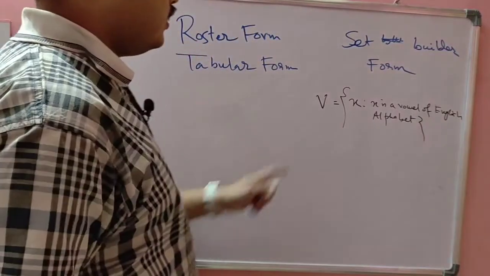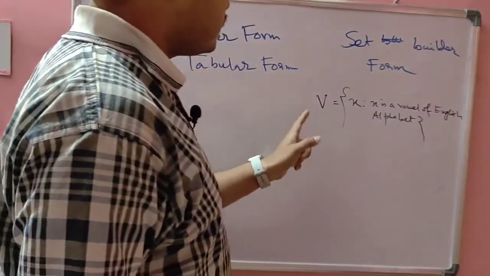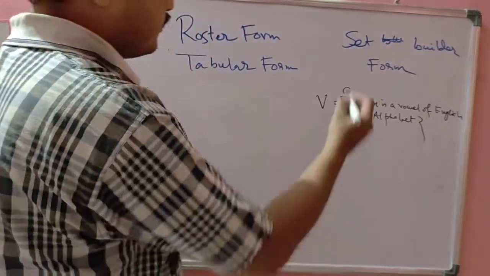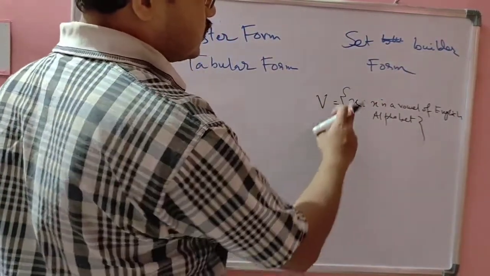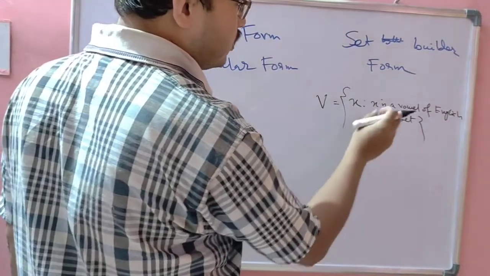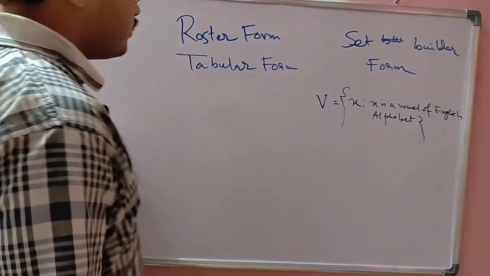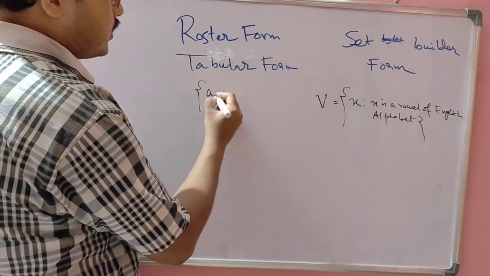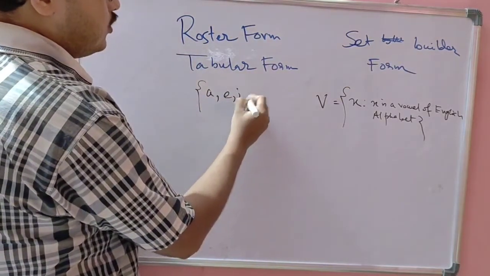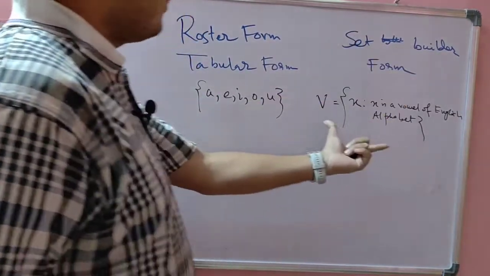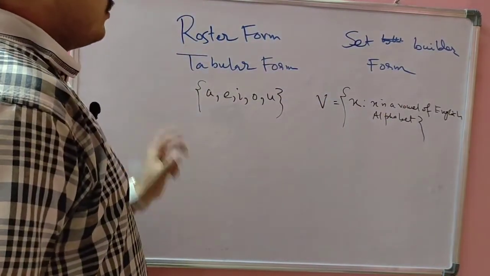V is a set we are writing in set builder form: X colon, we have to put a colon, X is a vowel of the English alphabet. In roster form or tabular form, we write just A, E, I, O, U. Okay, this is set builder form, this is roster form.